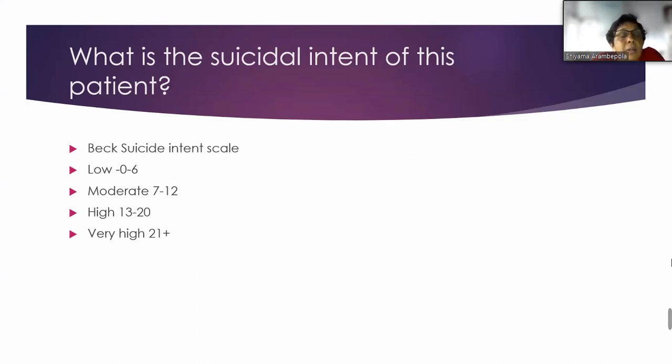Whenever you are talking about a suicidal risk assessment, you need to talk about the suicidal intent of the person also, so it's very important to emphasize that. They have shown that even many years later, a person who had a high suicidal intent can die by suicide. So a previous suicidal attempt is a risk factor for a subsequent suicide or subsequent suicidal attempt. So we need to assess this very carefully to see what the suicidal intent of the person is.